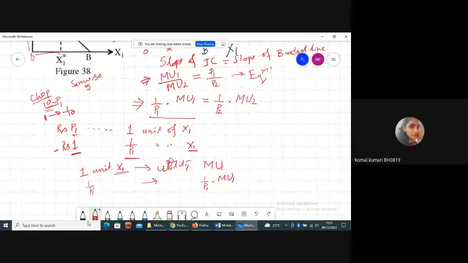We can say that if I spend 1 rupee on X1, the additional utility I will get is nothing but this term on the left hand side, 1 by P1 multiplied by MU1. Is this clear?